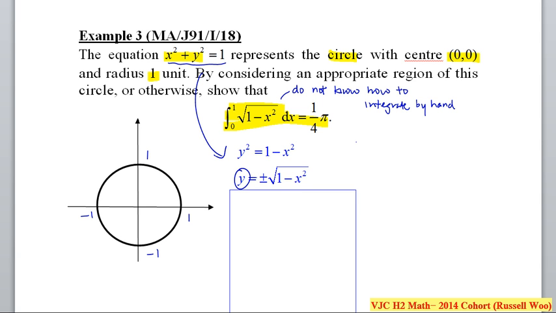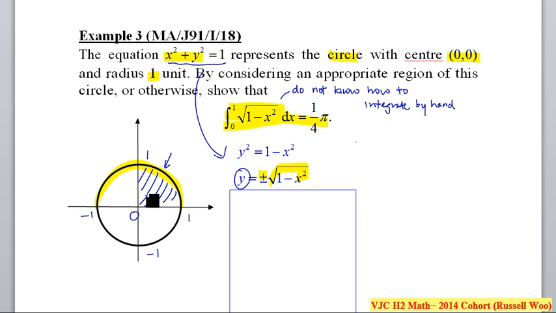And to be more specific, the positive square root 1 minus x squared is actually this portion here. So by integrating from 0 to 1, this portion, it's just this area that we're talking about, right?